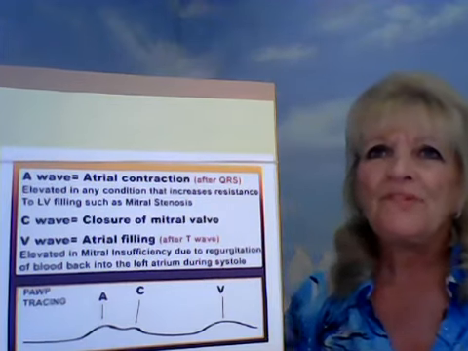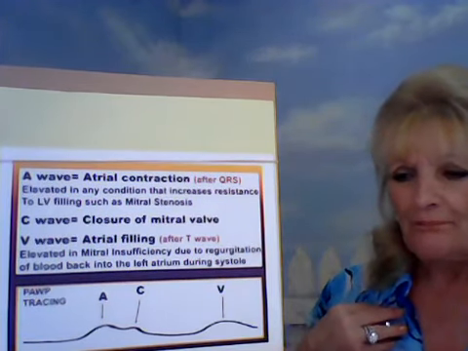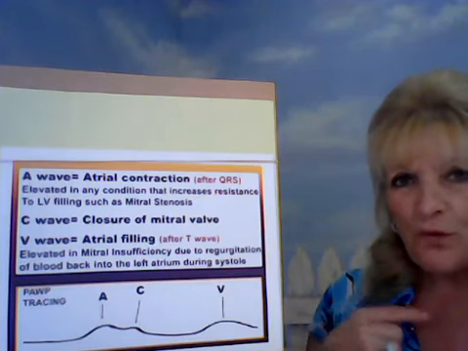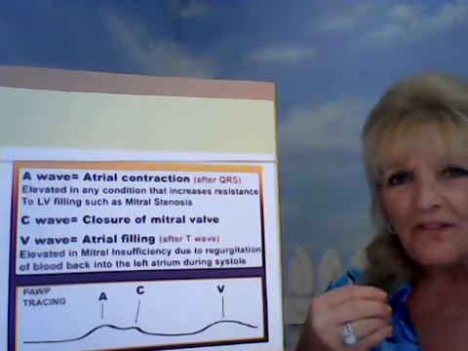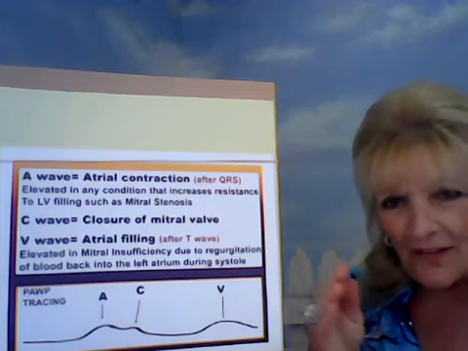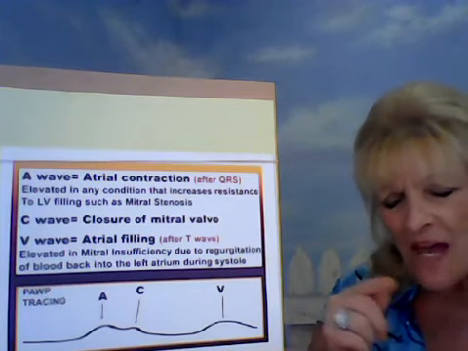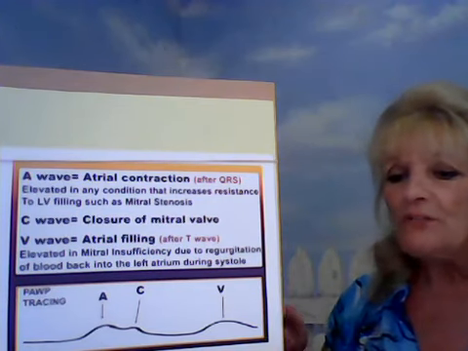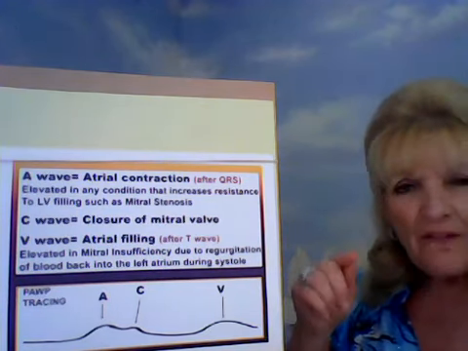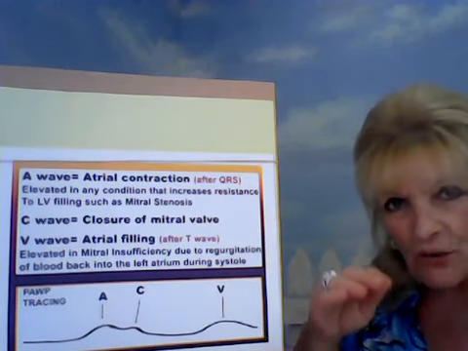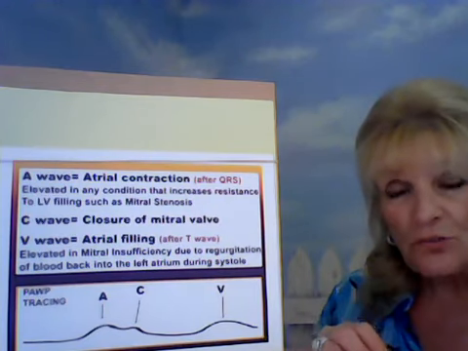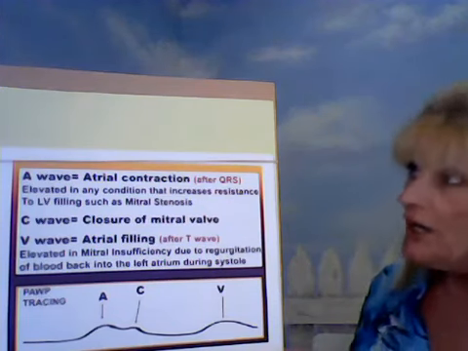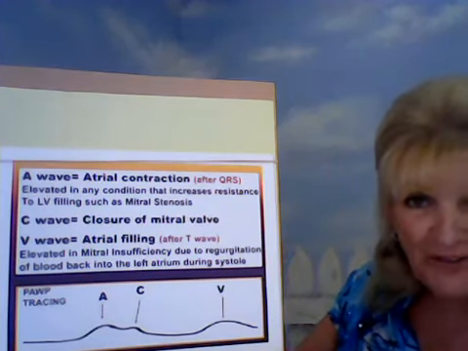And so what happens is the solution in the tubing has a mechanical waveform. That mechanical waveform goes through the tubing, and when it reaches the transducer, the transducer takes that mechanical waveform and converts it into an electrical form. And that electrical form then goes through the wiring and is projected up on the monitor.